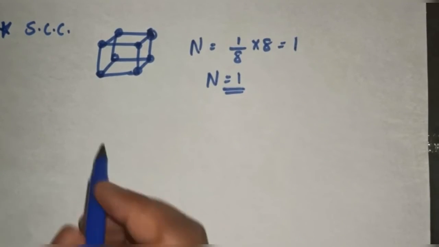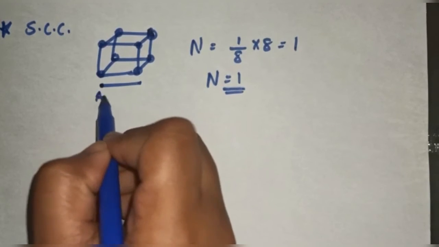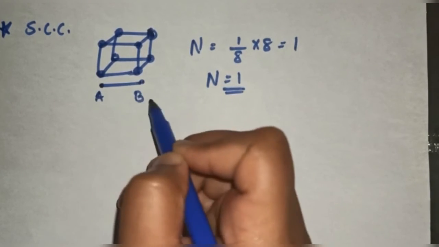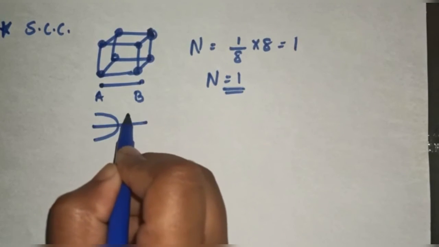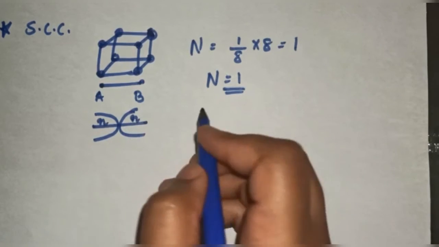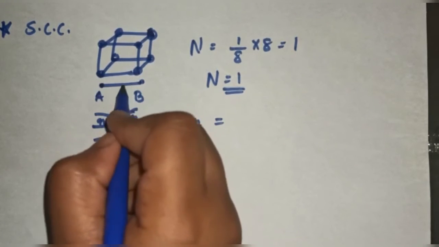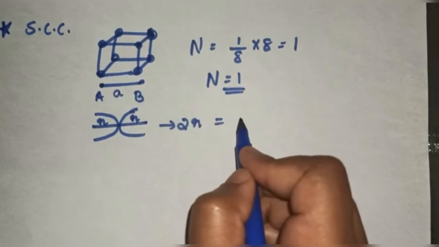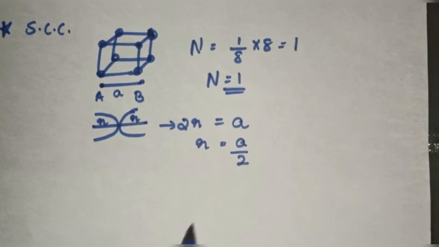Now R, let's take this straight line. Here there is A particle, here there is B particle. So this will be R, this will be R. So 2R is equal to a, since one side is a. So R will be a by 2.